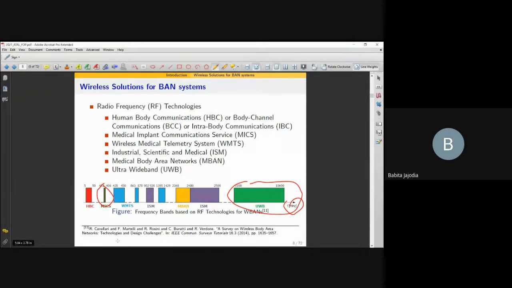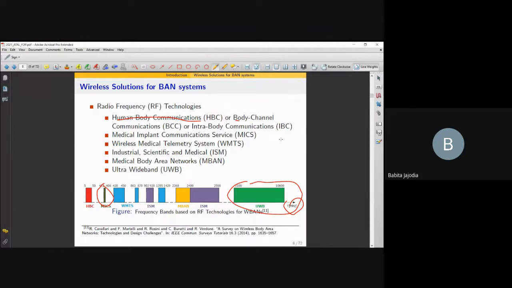And then HBC. Here comes a very interesting thing regarding human body communication. It does not directly use the frequency. Here it's visible, and generally HBC is used for non-medical applications, for example audio transfer, music transfer, and so on. It's also called human body communication.